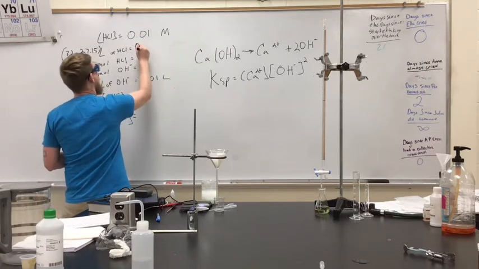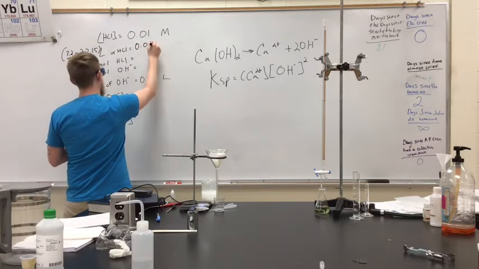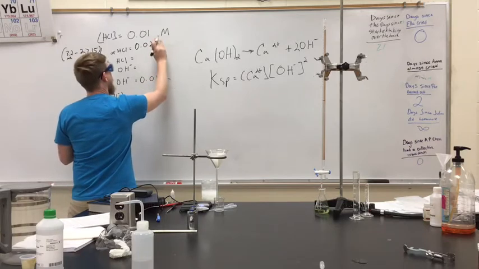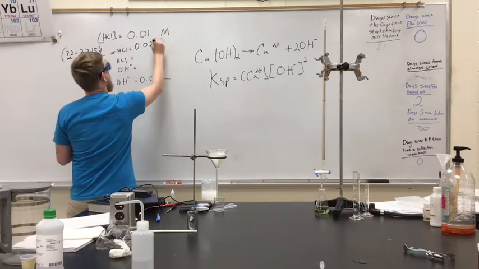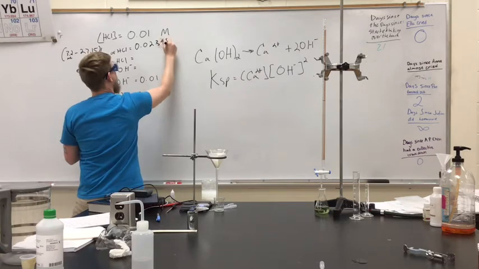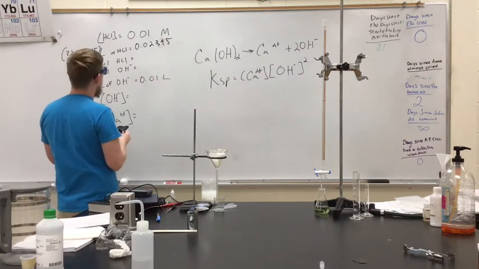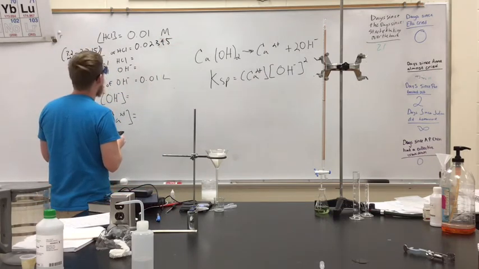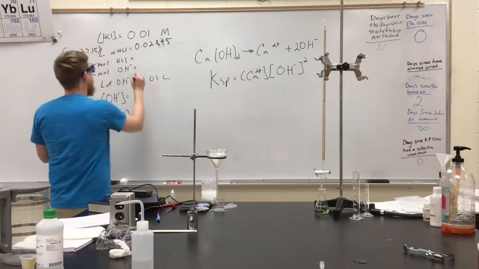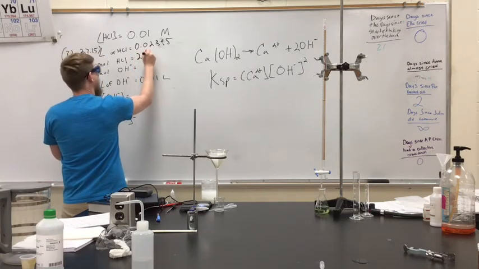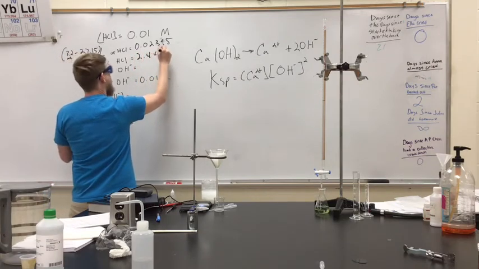So we're going to go 0.02395, right? And we're going to multiply that by our 0.01, which will give us our number of moles here of 2.4 times 10 to the minus 4th.